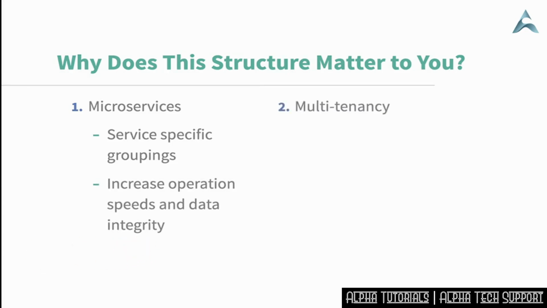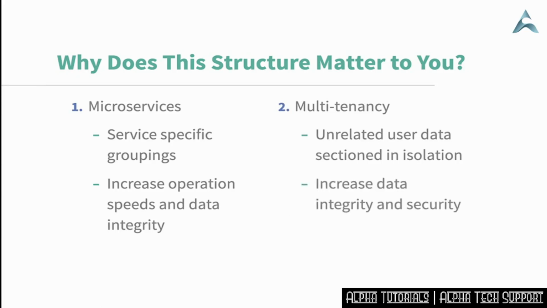If you have multi-tenancy, you want multiple non-related users to access data securely. Scopes and collections keep data in isolation, which ensures data integrity and greater security. So these are the building blocks of Couchbase. Understanding how Couchbase is organized will allow you to make Capella settings choices that strengthen and sustain all your applications.